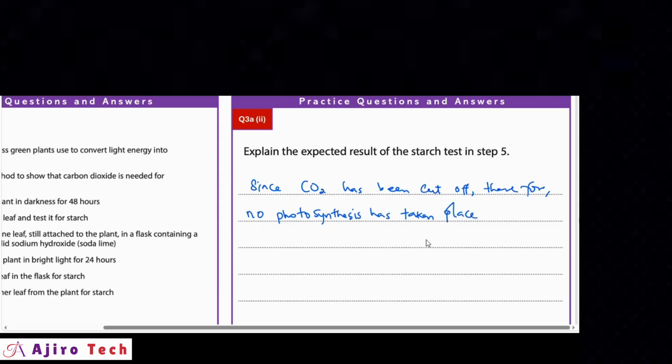No photosynthesis. So therefore, no starch is formed. No starch is formed.